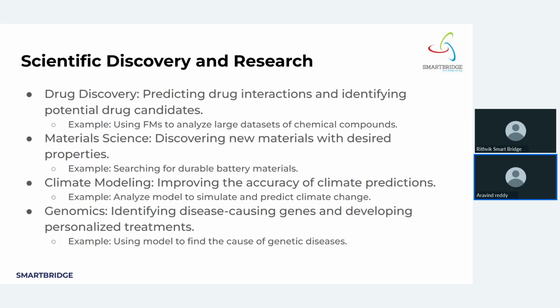That is important. It will help us with climate modeling, and we can do a number of things in the scientific field also. Genomics means identifying the genes that cause diseases and developing personalized treatment. In this scenario also, GenAI will help. In the upcoming days, GenAI will do a lot of magic.